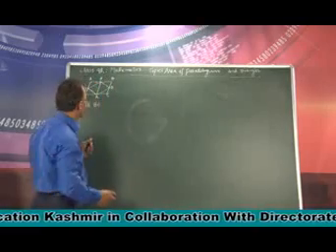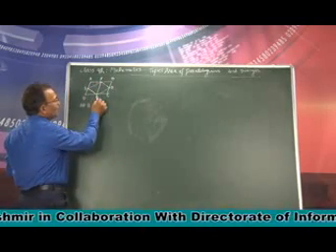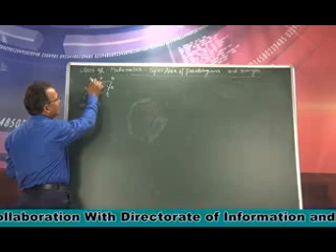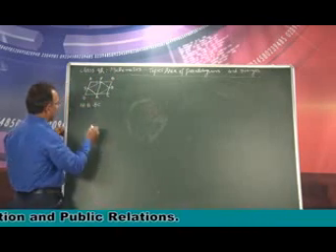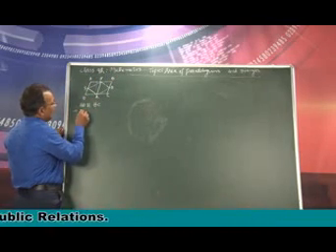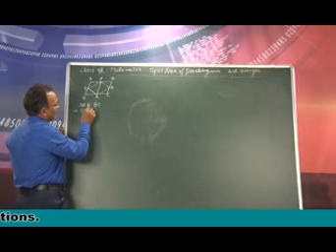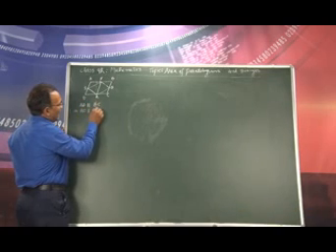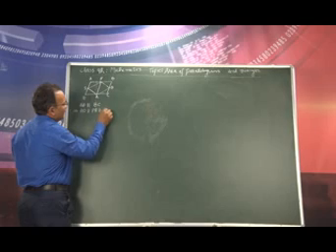So, these are parallel. Now, R is the midpoint of side DC and P is the midpoint of side AB. So, this means the side PR is also parallel to both of these sides AD and BC. So, we can write AD is parallel to PR is parallel to BC.